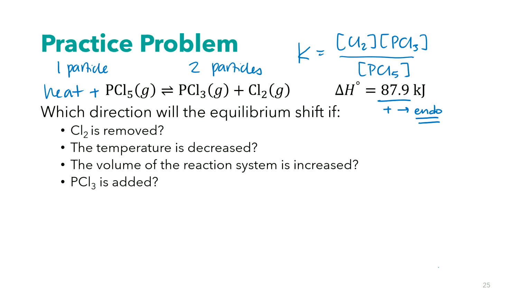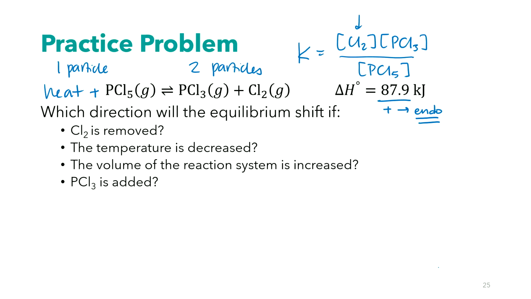Imagine the system, we've put some PCl5, we have PCl3 and Cl2, it has reached equilibrium. All right, Q equals K. And then I mess with the system. I can somehow preferentially only pull out Cl2. If I take Cl2 out and drop the concentration of Cl2, this number is smaller.